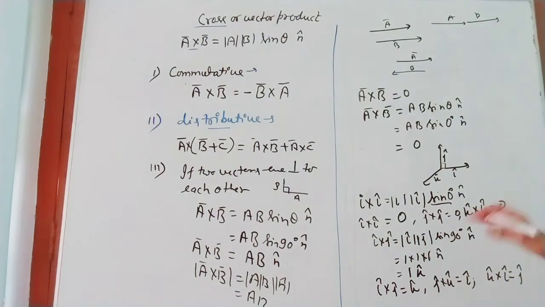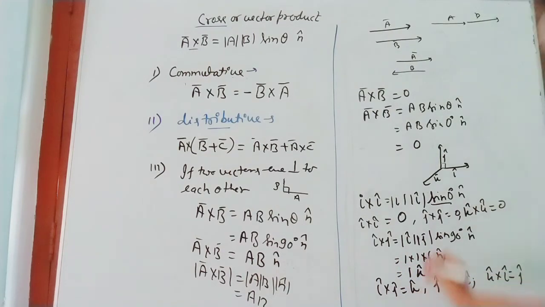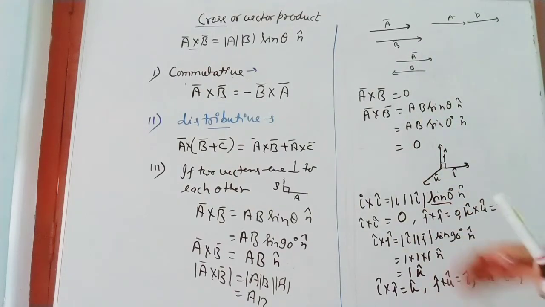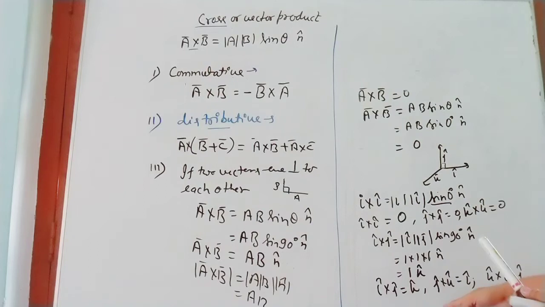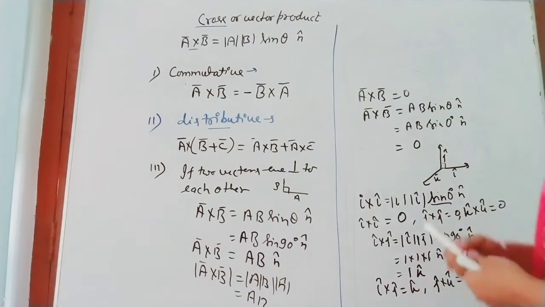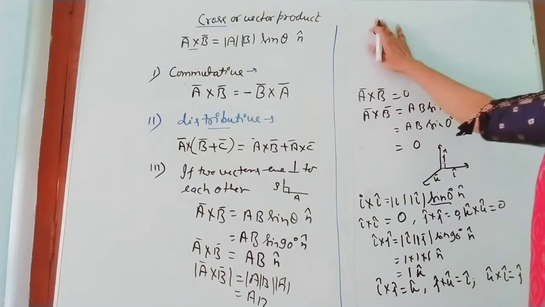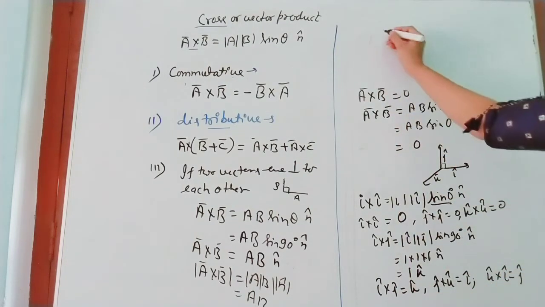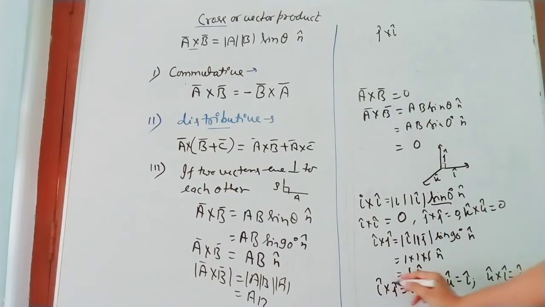If you change the order, you will get a negative. Now, here i cross j equals k. If I write j cross i, what will happen?